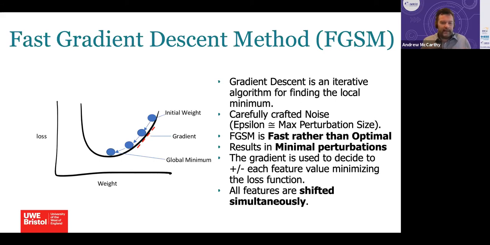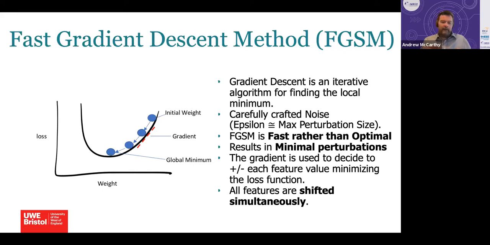Basically, we start with an initial weight here at the top, and then through a sequence of steps, we descend the gradient, or if you want to be more precise and mathematical, the inverse gradient. As you step down the gradient, you will come to a local minimum, or even a global minimum, for the loss function.